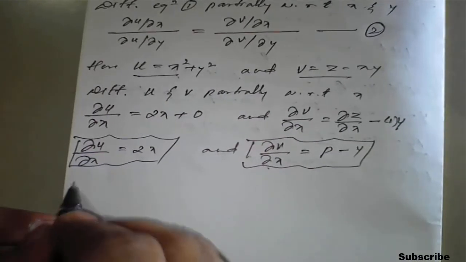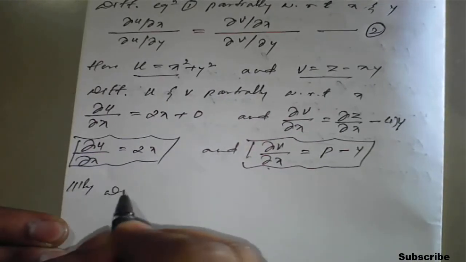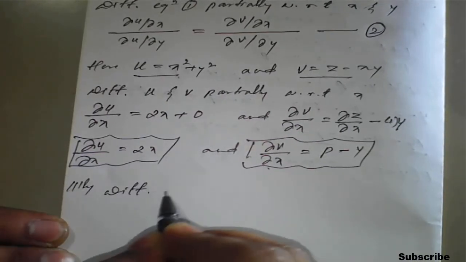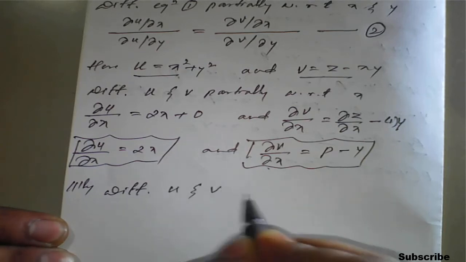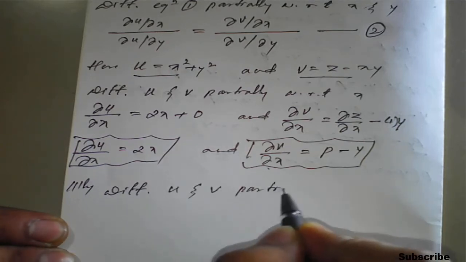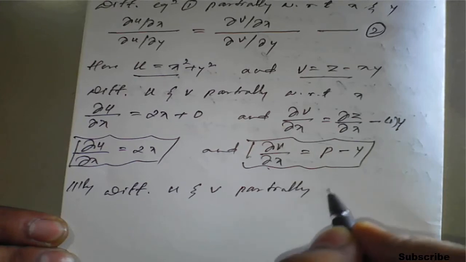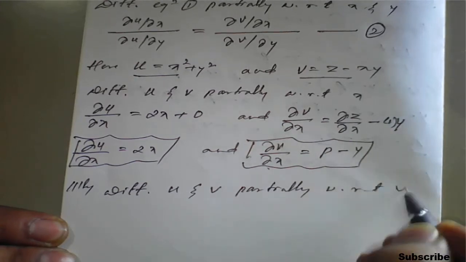Similarly, differentiate u and v partially with respect to y now. Let us see what happens to u and v.